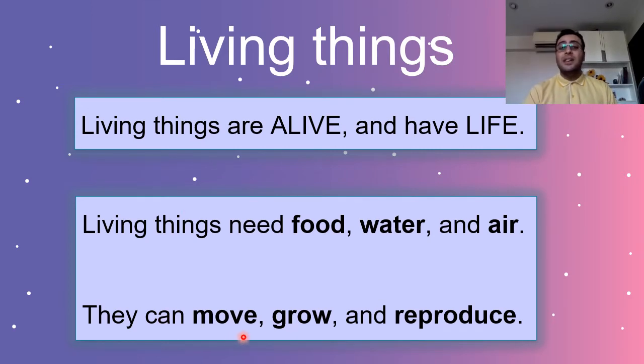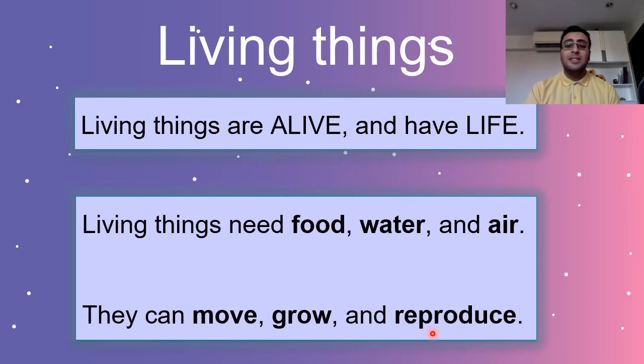Next, living things can grow. Grow means they are first a baby, then they grow bigger, bigger, bigger. Next is reproduce. This one is a little hard to say, so please repeat after me.